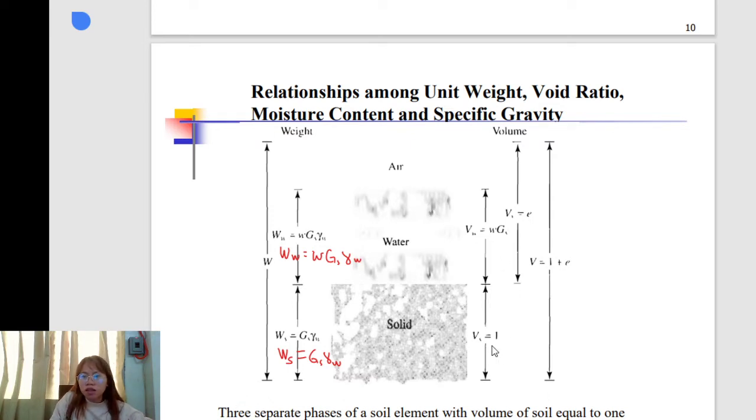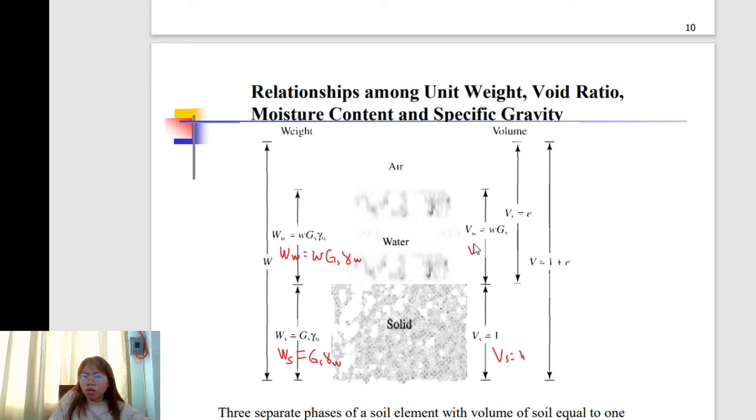And this one, the volume of solid, is actually equal to 1.0, and the volume of the water is equal to the moisture content times the specific gravity.